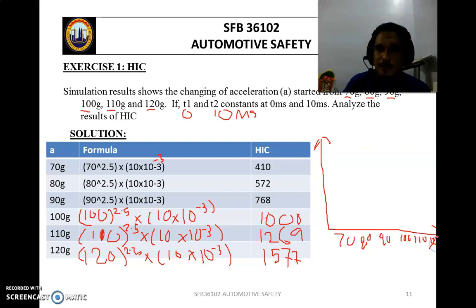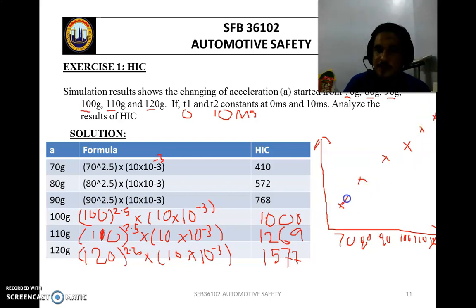How does the graph look? For example, here is 410, this is 572, here is 768, 1000, 1269, and 1577.